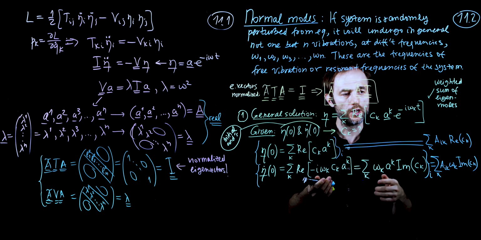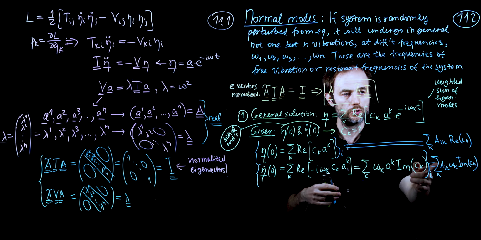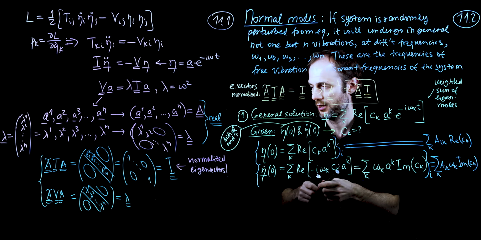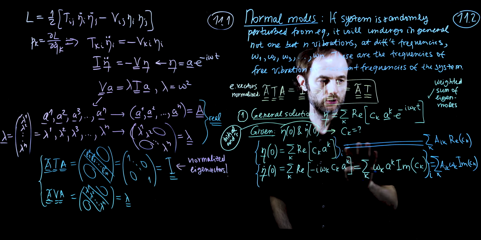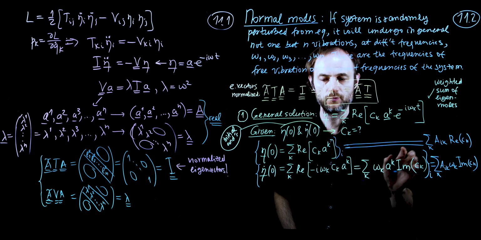So let us try and invert this equation. Let's solve for c_k. The way we can do that is, in the matrix notation, we can multiply by the inverse of this matrix.